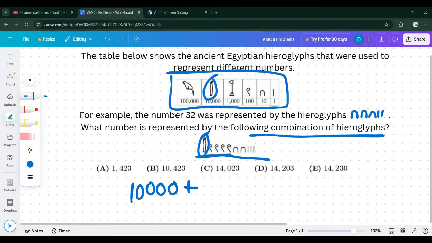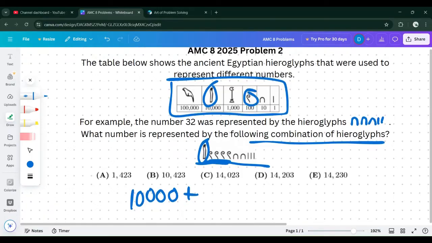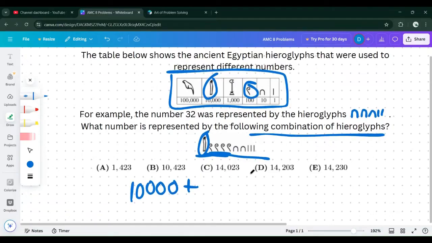Okay, so we have 4 of this type of hieroglyphic, which is worth 100, as shown in the chart. So we have 4 times 100. And now we're going to move on to the third type of hieroglyphic.